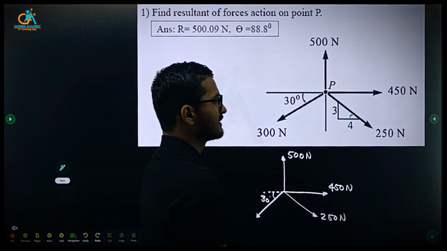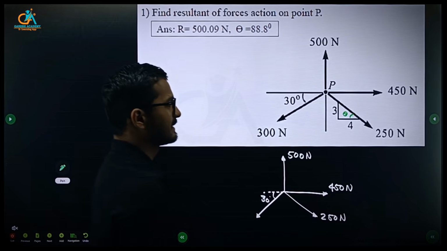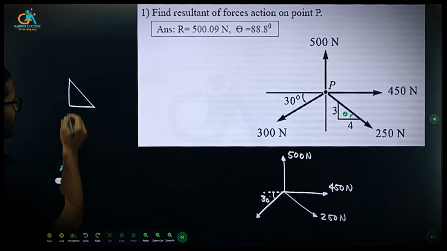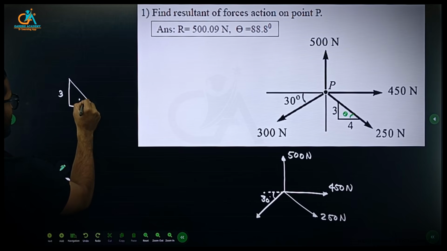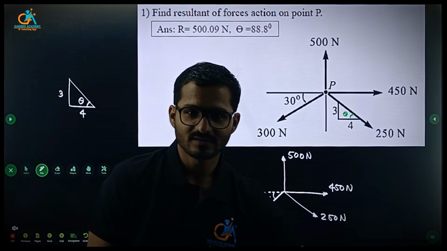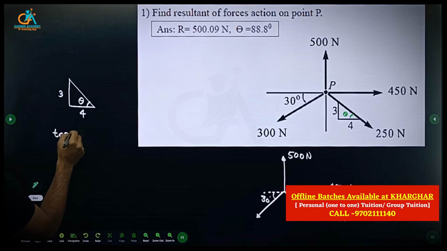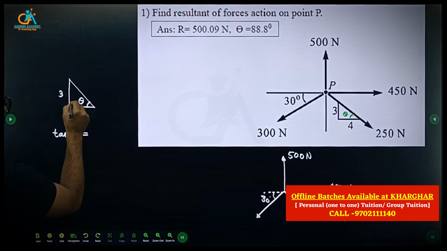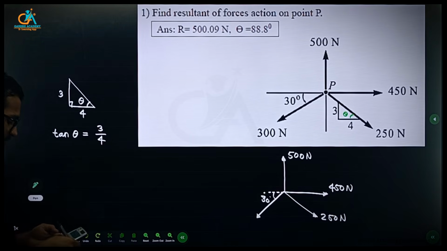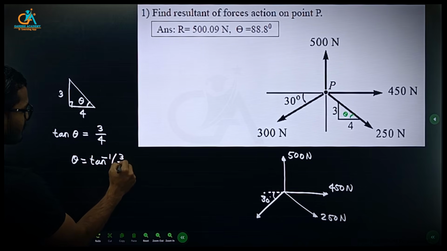The angle made by this inclined force with horizontal or either vertical. So let's say that is theta, right. This is 3, this is 4, and this angle is, let's say, theta. So using trigonometry you can find this angle theta. Use the relation tan theta. So tan theta is equal to opposite side. This is a right angle triangle. So opposite side upon adjacent side, and then theta becomes tan inverse of 3/4.